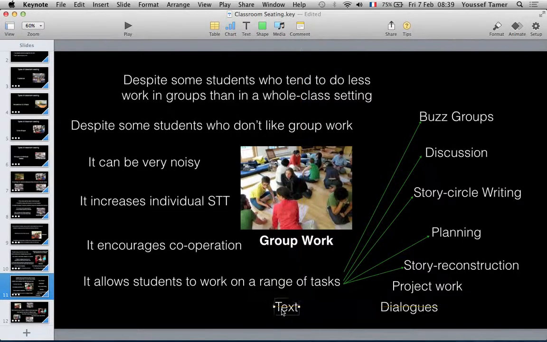Problem solving activities. Yes, Saida. Contests. Okay. Can you explain?